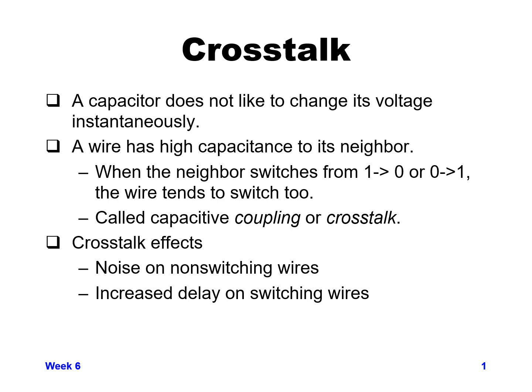Sometimes it's called X-talk or noise, because the neighboring wire causes noise on the wire that wasn't supposed to switch, and that noise can be picked up by downstream logic that it's connected to.